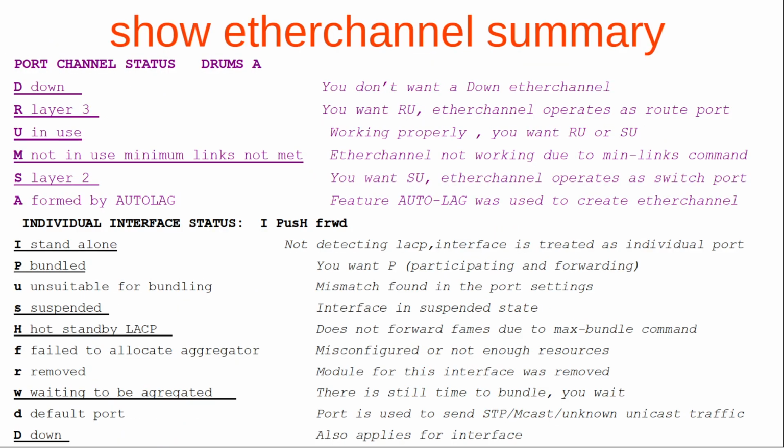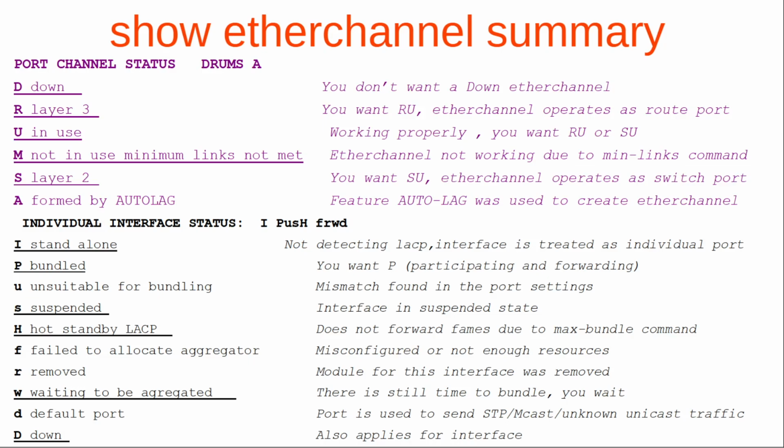This is the most important troubleshooting command that you will be using for EtherChannels. Remember these letters. Some letters are aimed to tell you the status of the EtherChannel as a whole, about the port channel per se, and other letters are aimed to tell you the status of individual interfaces that are being bundled together.